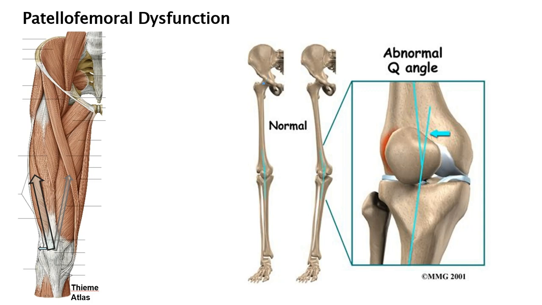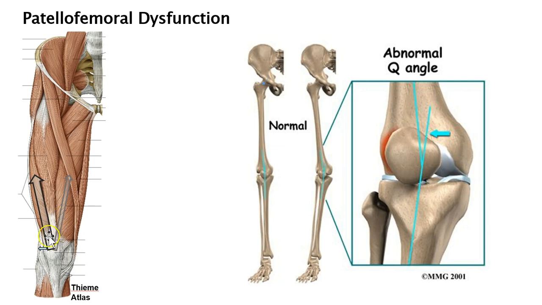Because of either a malalignment in the femur tibia complex, or generally at the knee, or an unequal pull from the quadriceps, let's say the lateral quadriceps has a larger contraction than an underdeveloped vastus medialis, the patella may track, instead of tracking up and down, more lateral than medial during quadriceps contraction.